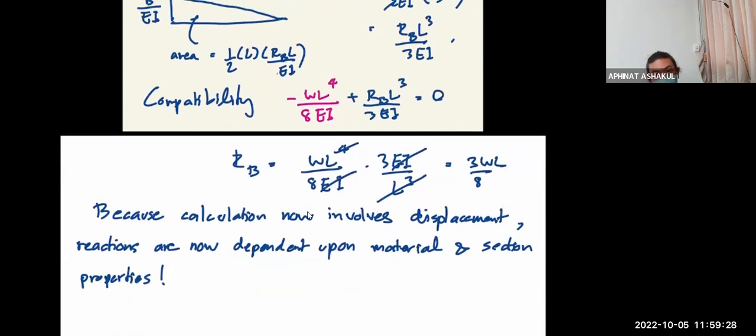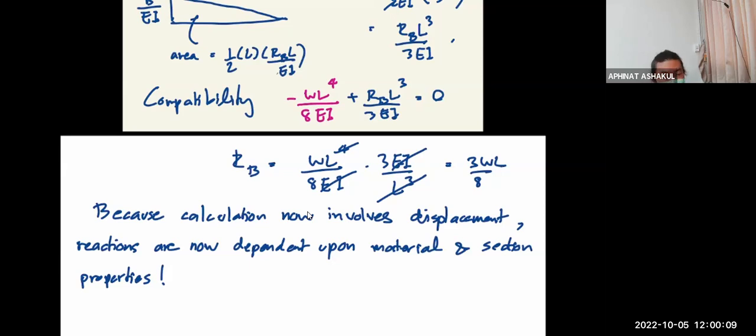This is the major issue of the indeterminate structure. For the determinate structure, you can calculate everything without caring about properties. You can always calculate moment in your simple beam, in your cantilever beam, without knowing how much the moment of inertia of your cross section is, or how much the modulus of elasticity is. Now, if we change EI, your reactions will change.